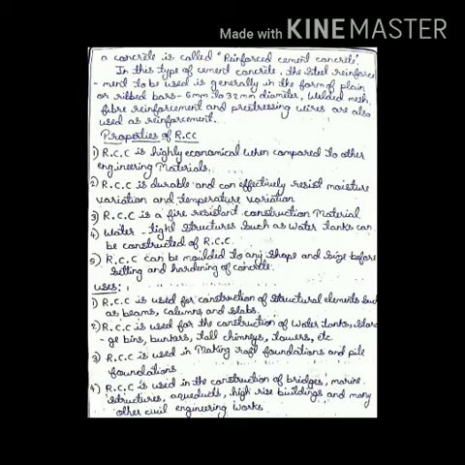Third property is it is a fire resistant material. Fourth, watertight structures such as water tanks can be constructed using RCC. Next property is RCC can be molded to any shape and size before setting and hardening of concrete. So these are the 5 important properties of RCC.